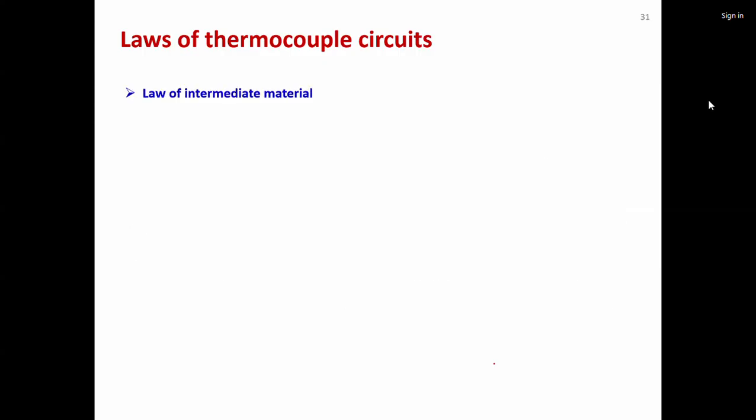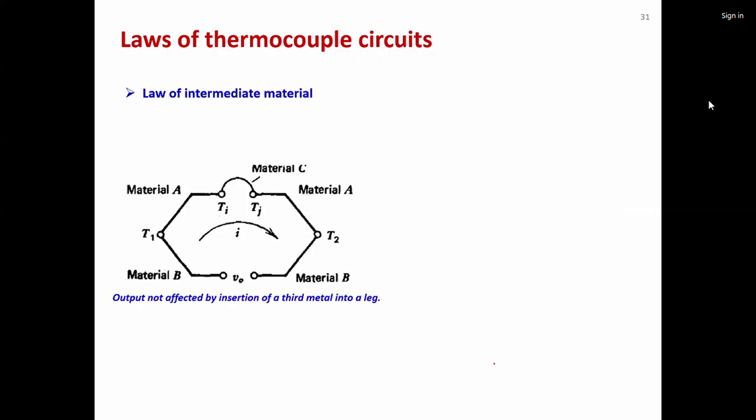The second law is the law of intermediate material. It says that if I have a thermocouple material, so you have material A here and you have material B here, and material B, let's say, is positive, so you have the open circuit voltage being measured here.